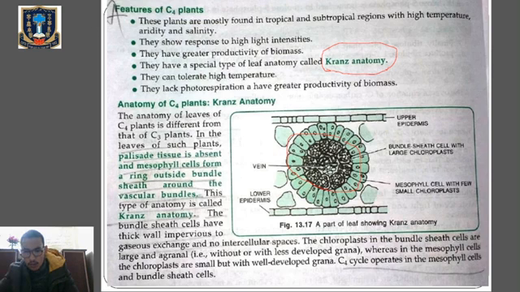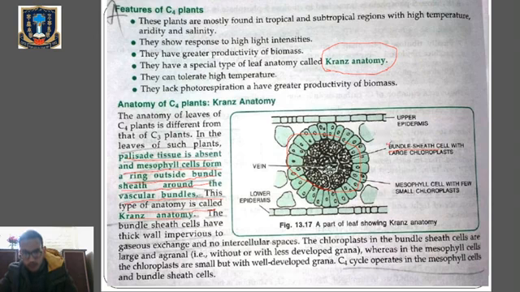Inside we find the bundle sheath cells along with the vascular bundle, that means the xylem and phloem. This type of anatomy is called Kranz anatomy. So this particular ring is mainly formed by the mesophyll cells, outside the bundle sheath cells and around the vascular bundles.